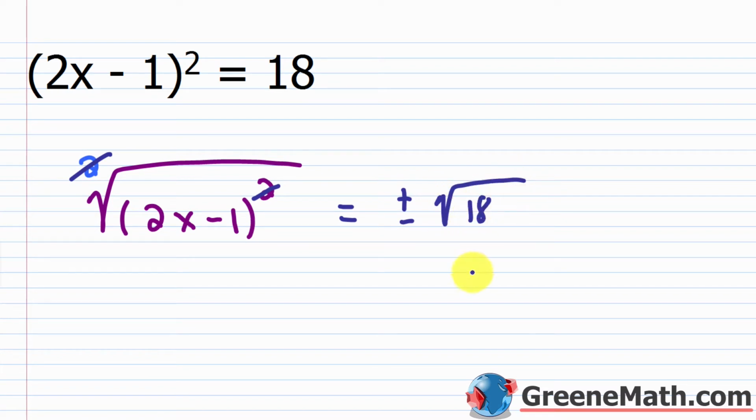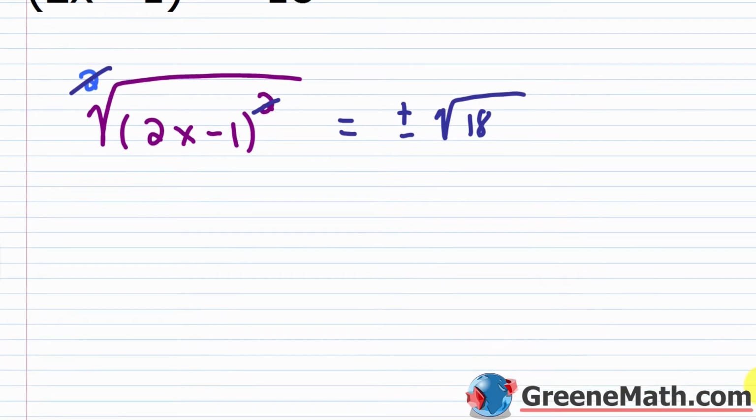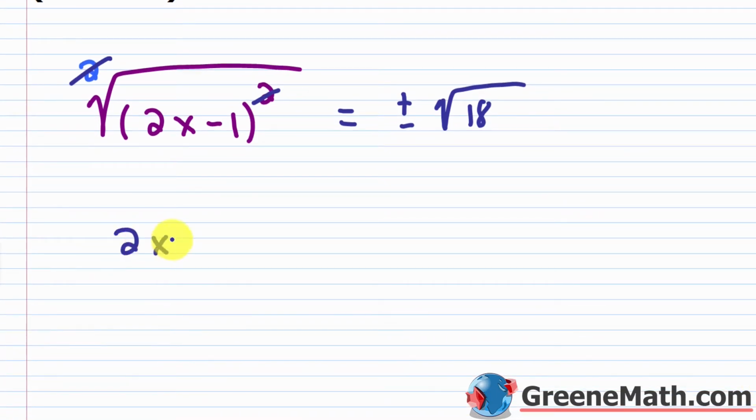Okay, so we know on the left that we're just going to have our 2x minus 1. This is equal to, on the right, if I think about 18, I know it's 9 times 2. 9 is a perfect square, it's 3 times 3. So I can pull that 9 out and say we have plus or minus 3 times the square root of what's left, which would be 2.